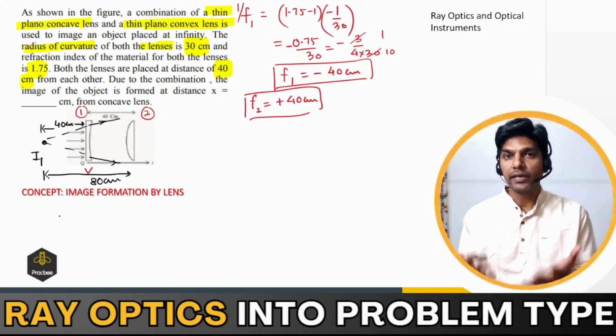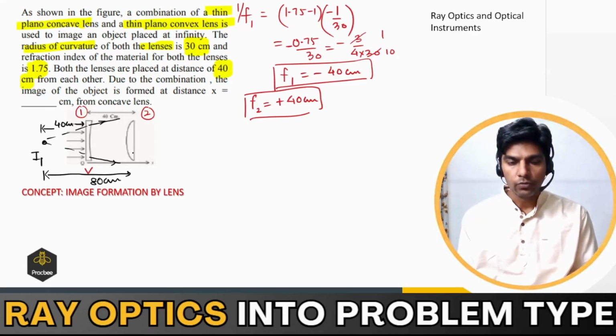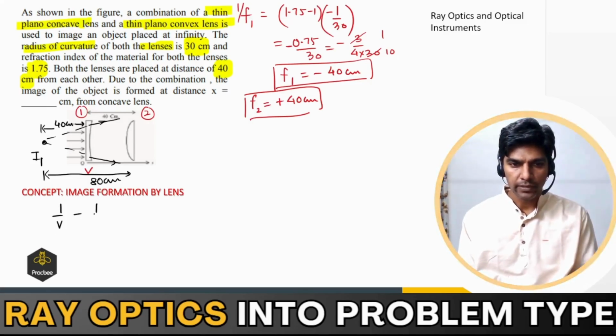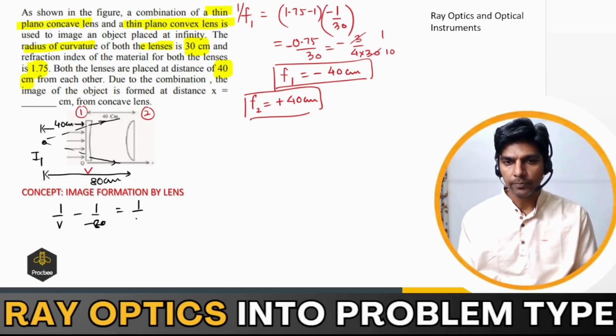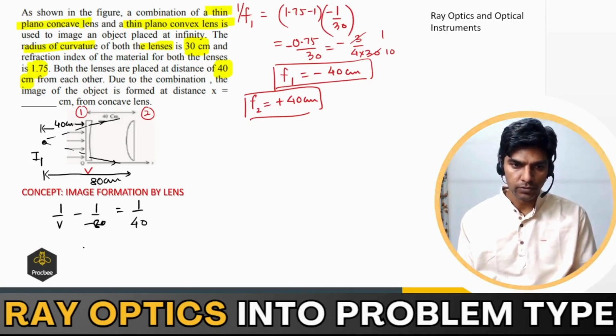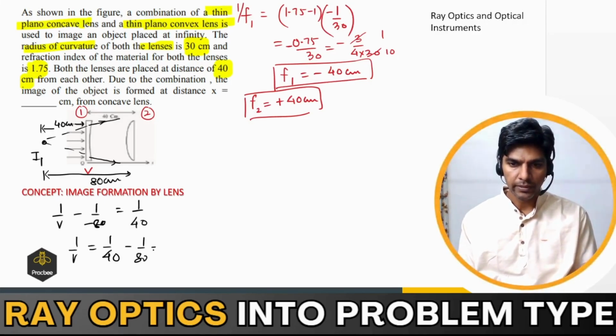Now we have to apply lens formula to find the position of the image. So we can say 1 by v minus of minus 80, because u will be 80 centimeters, so it should be negative. And the focal length will be plus 40. So 1 by v is 1 by 40 minus 1 by 80, so that comes out to be 1 by 80.